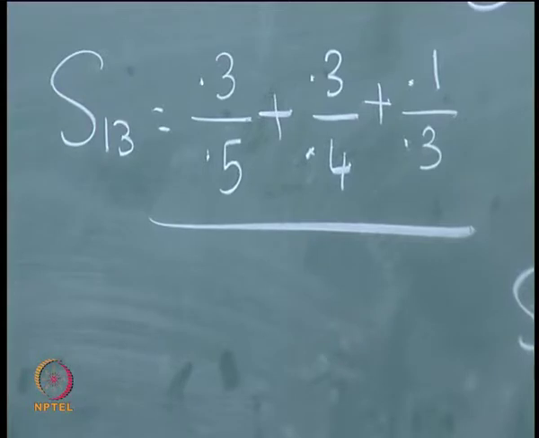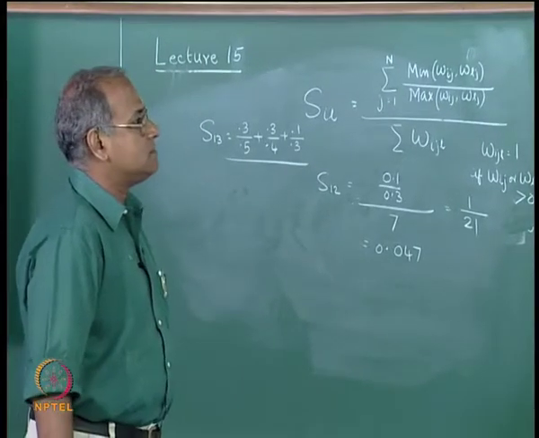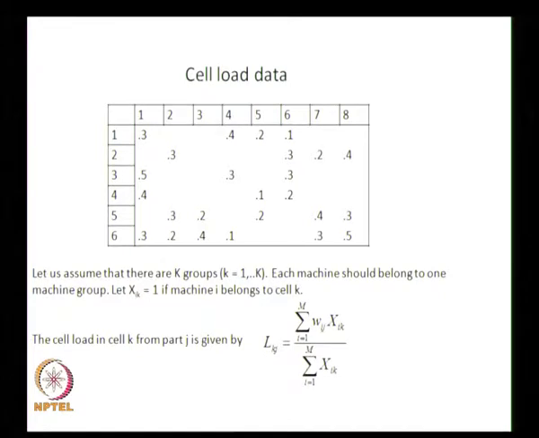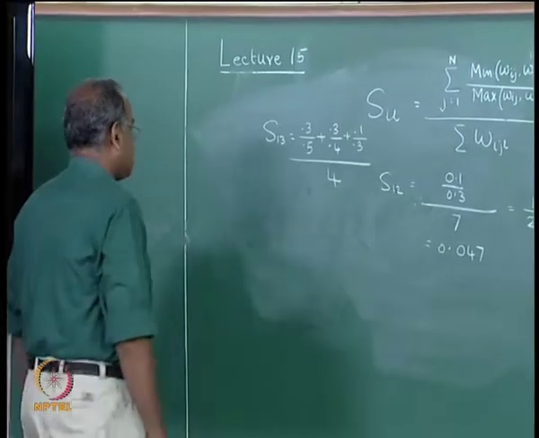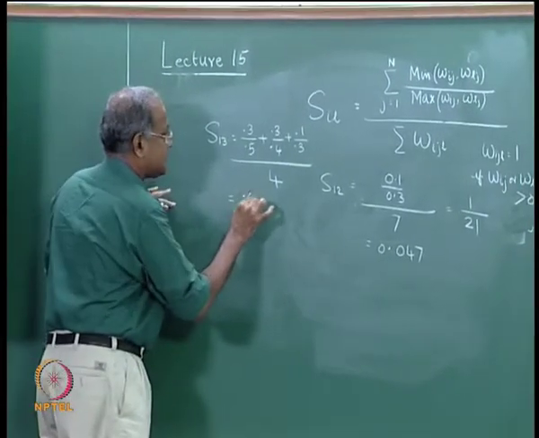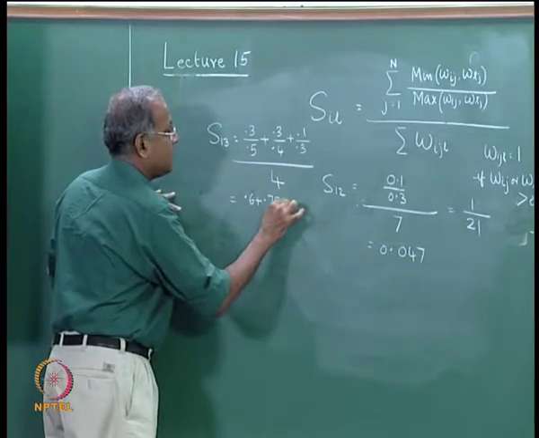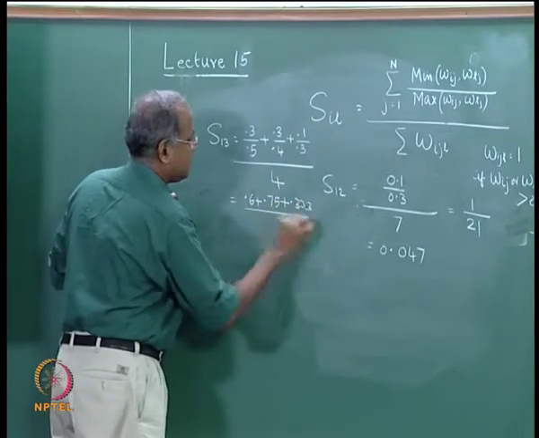The denominator contribution comes from parts that visit either 1 or 3 or both. So that will happen with part 1, part 4, part 5 and part 6. We do not have any other part. So there are 4 parts that visit. So this gives us a coefficient of 0.6 plus 0.75 plus 0.333 divided by 4.